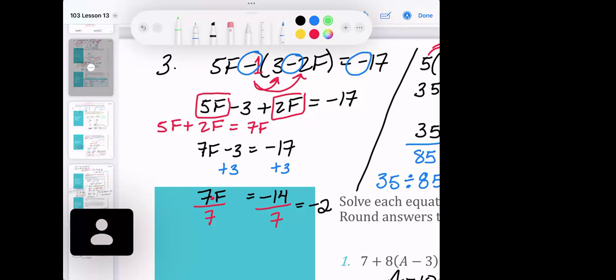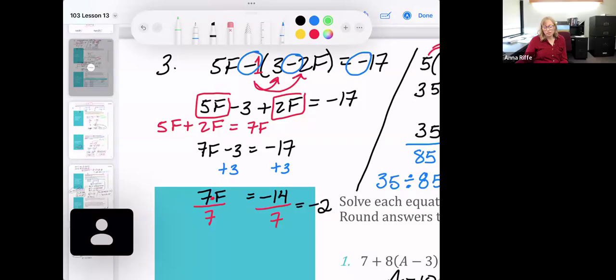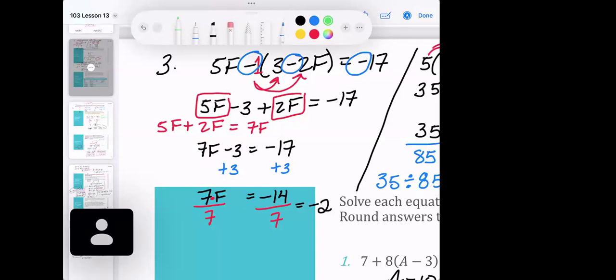So on the same side, you have to get rid of the parentheses. Anytime you see parentheses in a problem from the very beginning, it's a good idea to get rid of them. So you use PEMDAS first because there's parentheses in there.